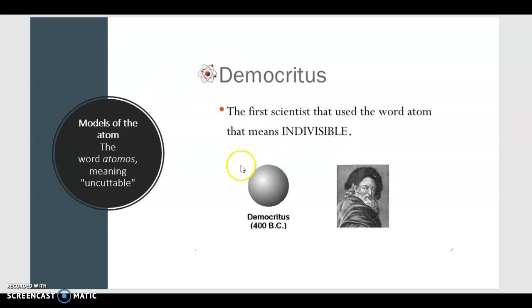So the early Greeks described material as something you could chop up into smaller and smaller pieces, but eventually you would hit something that is indivisible, that can no longer be broken down. And that is what they called atomos, or an atom. So the word atom means indivisible.